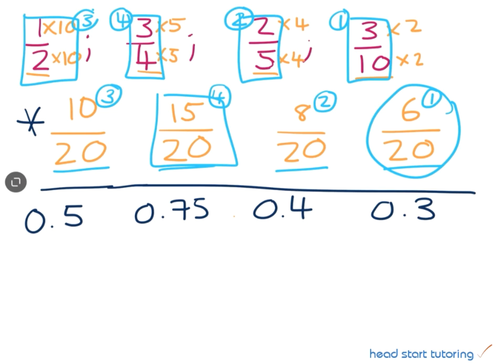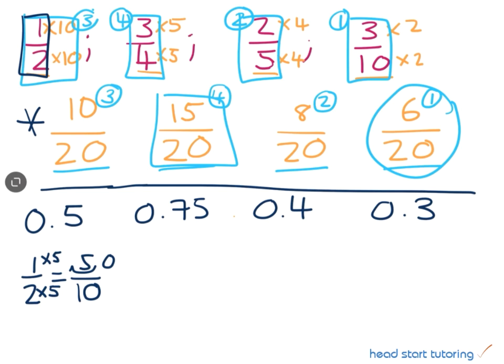So if you are wondering how I got there, if we have a look at 1/2, we want to get it to an equivalent fraction out of 10. So I multiply my 2 by 5 to get 10, and I multiply my numerator by 5 to get 5. So that's 5/10, which is 5 divided by 10. So I bring in one decimal place, which is 0.5.